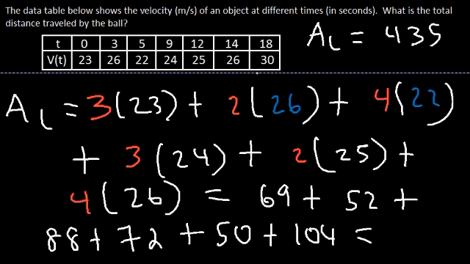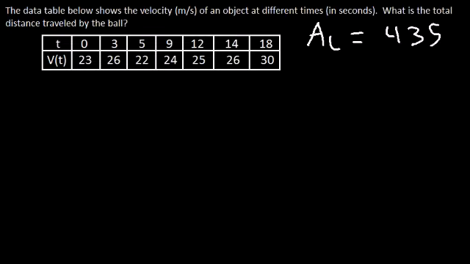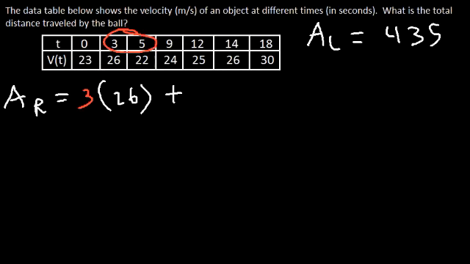So now let's get the answer using the right Riemann sum. So for the right Riemann sum, we're going to choose all of the y values except 23. So the width for the first rectangle is still 3, but we're going to multiply it by 26 instead of 23. Now for the second part, it's 2 times 22, and for the third part, it's going to be 4, and we're going to use 24.